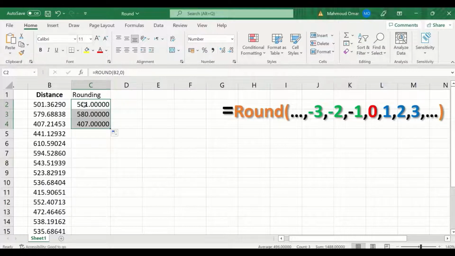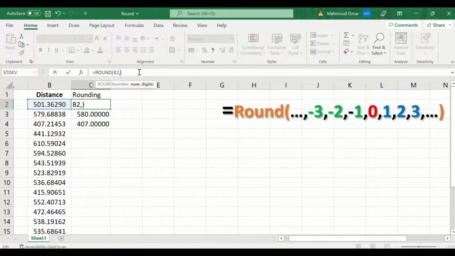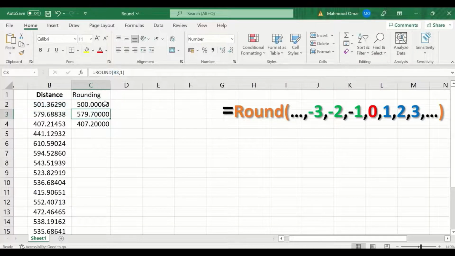And if we are interested in rounding values by 1 or 2 or 3 places left to the decimal, then insert, let's say if we are interested in rounding the number 1 decimal place to the left of the decimal, insert -1 and then enter.